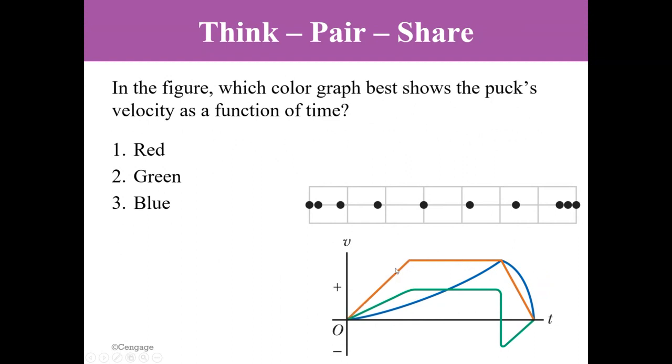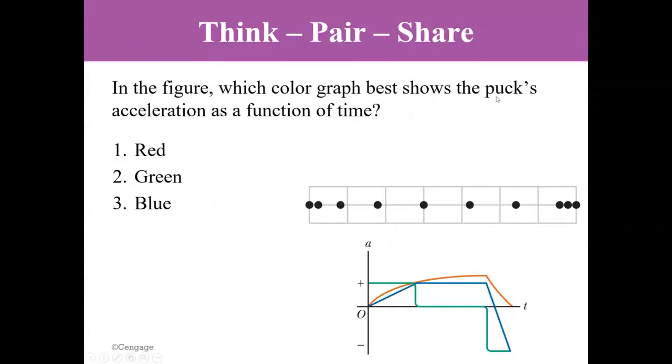I will not pick this one. Okay, yeah, the velocity is constant. You are right. Here it was accelerating, positive acceleration. Then constant, and then it slowed down. Yeah, the red would be the best. Thank you.